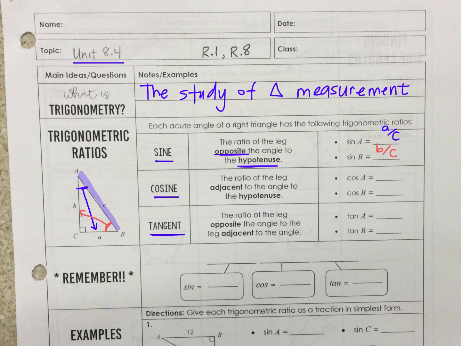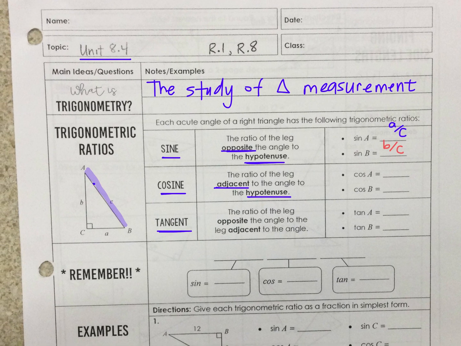Whenever I talk about cosine, the hypotenuse stays the same, but I talk about adjacent over hypotenuse. Adjacent means touching. If I'm talking about angle A, the line that's touching angle A that's not the hypotenuse is B. So adjacent is B, hypotenuse is C again.